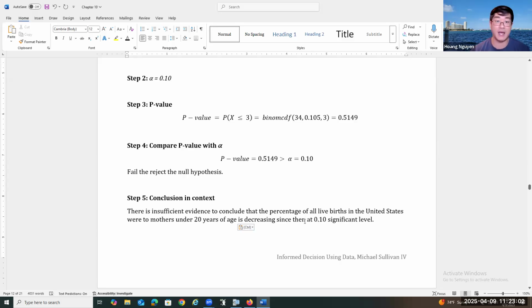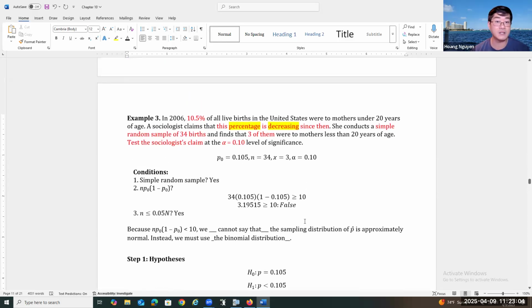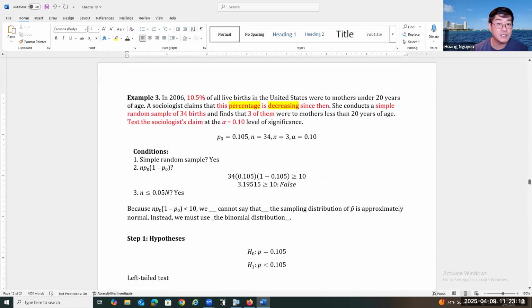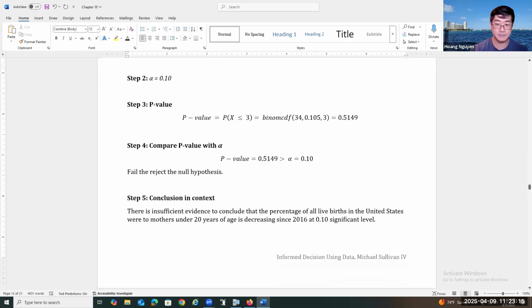Since then, what year? Since the year 2006. Okay, so that's how we state the conclusion.